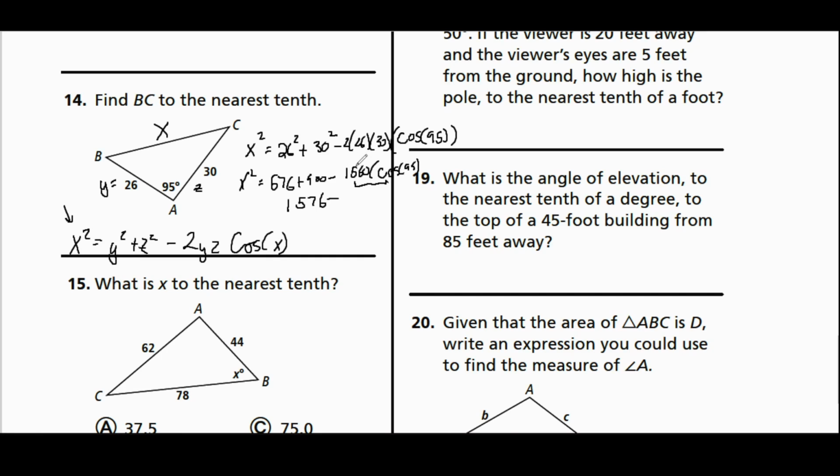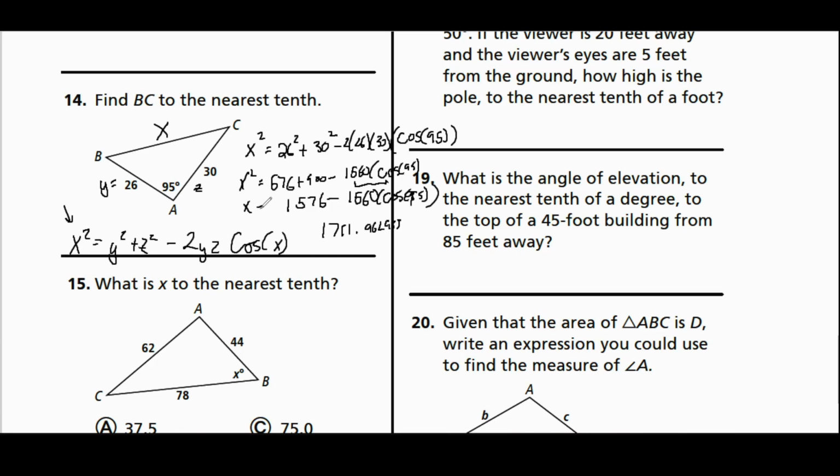I have to know what this value is. So on my calculator, this is where I have to stop, and this is where the calculator has to take over, because we've got this cosine of 95 in here, which is going to be irrational. So I have 1576 on my display, and I am doing minus 1560 times 95 cosine and hitting equal, and I get 1711.962959.